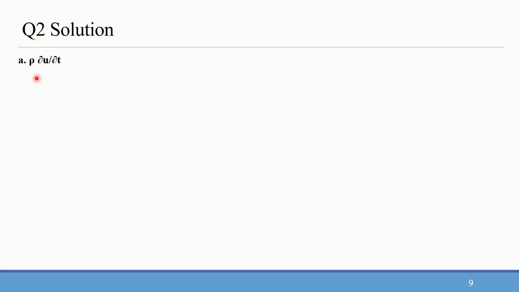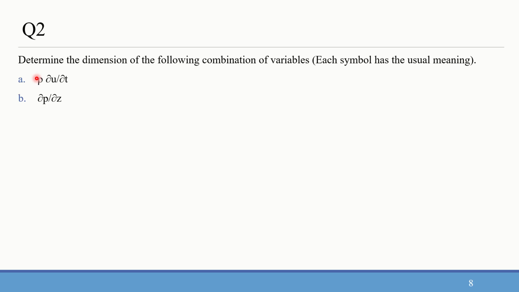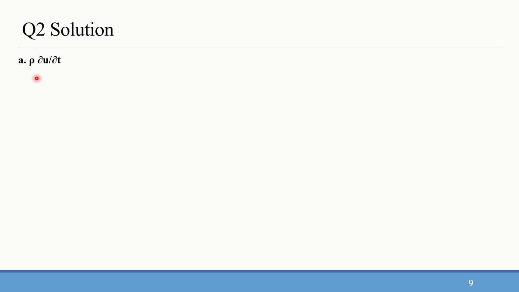What was asked is the dimension of the following combination of variables. So rho here is kg per meter cube, u here is meter per second, dou gets cancelled actually, and t is seconds. If we substitute those units here, we will get the answer. So that is what we are going to do now.